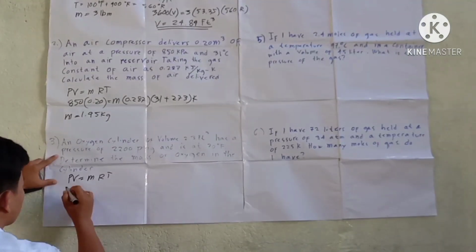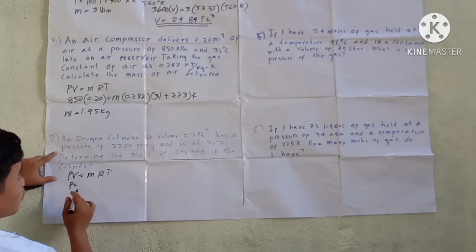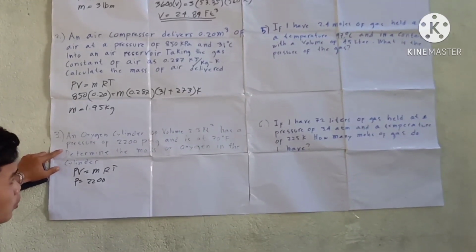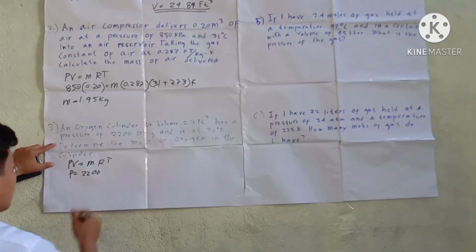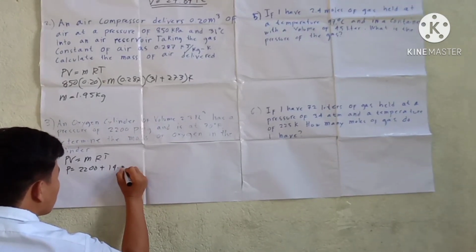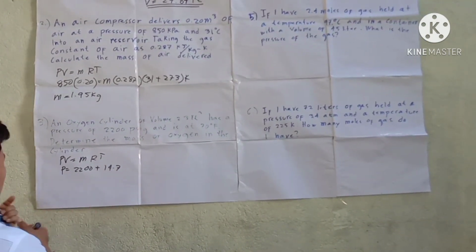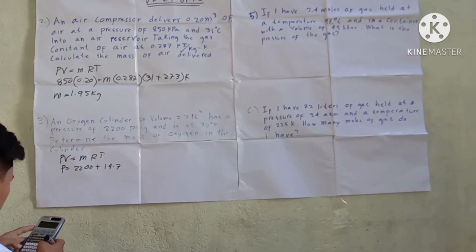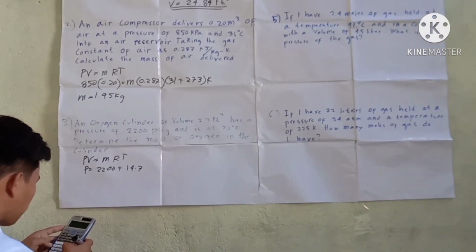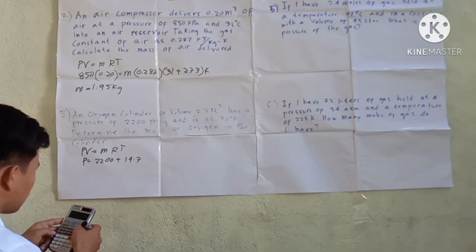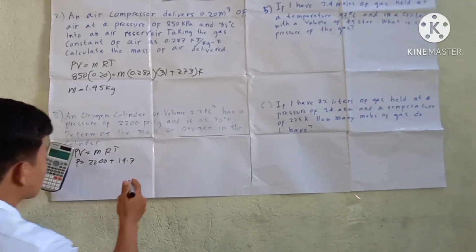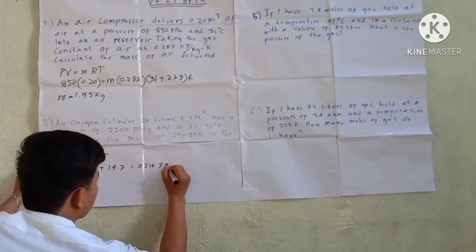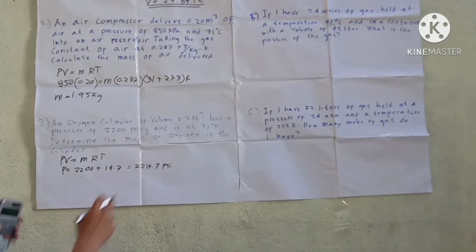So since the pressure equals 2,200 psi, then we need to add the constant 14.7 psi. So 2,200 plus 14.7 equals 2,214.7 psi.